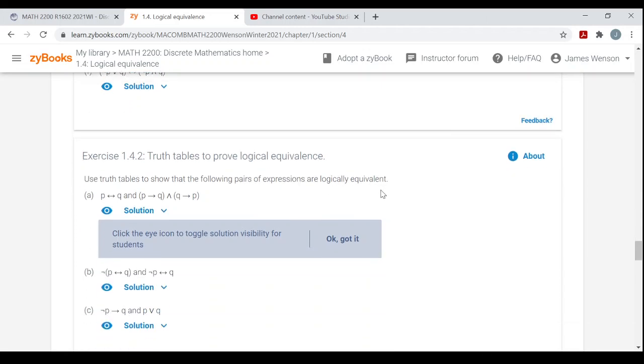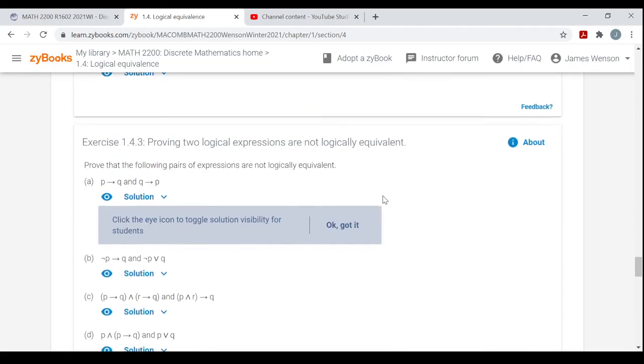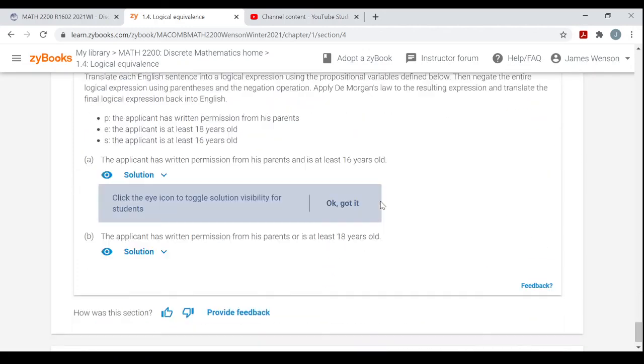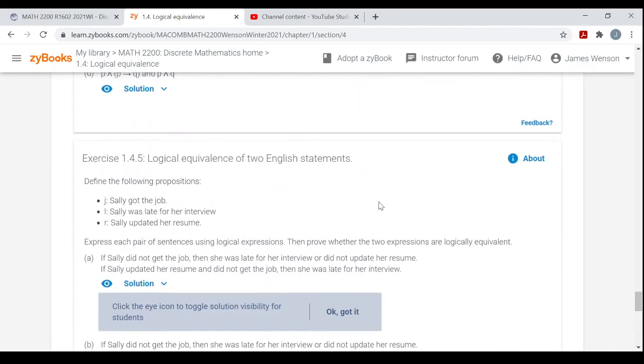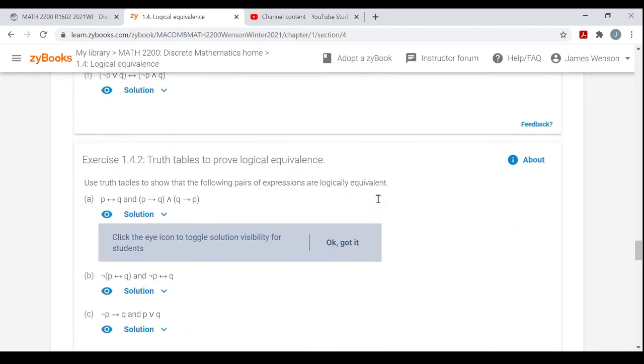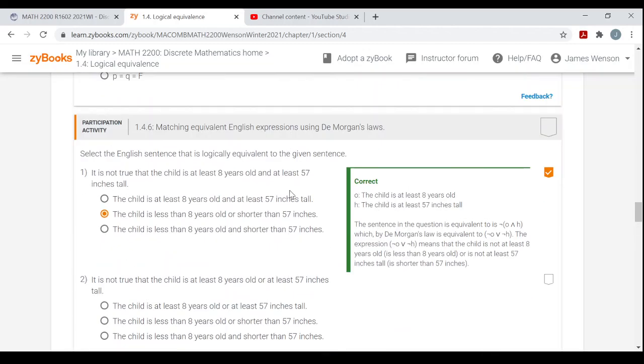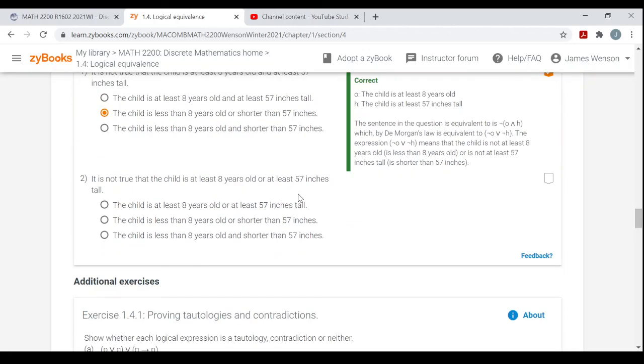I would recommend try to do things on your own first before you look at the solutions. Make sure you're actually learning something. But I would recommend doing all of them though, even the ones I didn't assign, just to get more familiar with the material, and of course bring me questions if you have anything. All right, so that's it for 1-4 on logical equivalence, and thank you for watching.